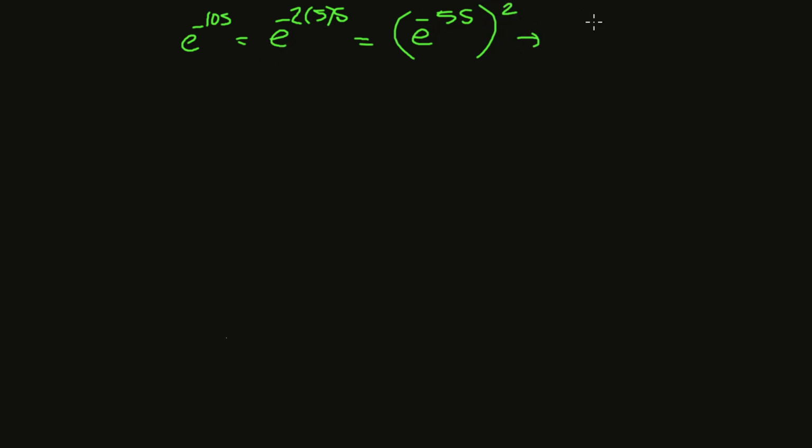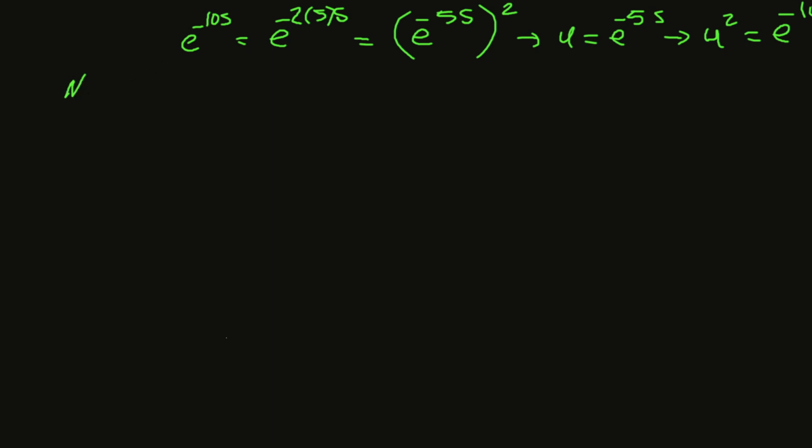And in the previous video I said if you consider this to be a u, then now you have a u squared to be this exponential of negative 10s. Just a simpler way of looking at it.